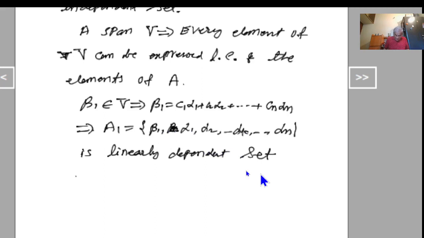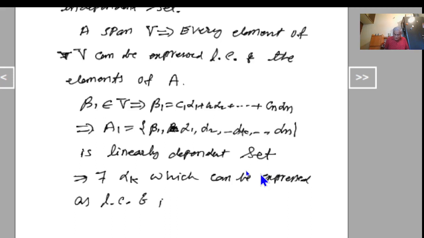Okay, this implies there exists alpha k, which can be expressed as a linear combination of its preceding vectors. Okay, preceding vectors, right? This result we have proved.